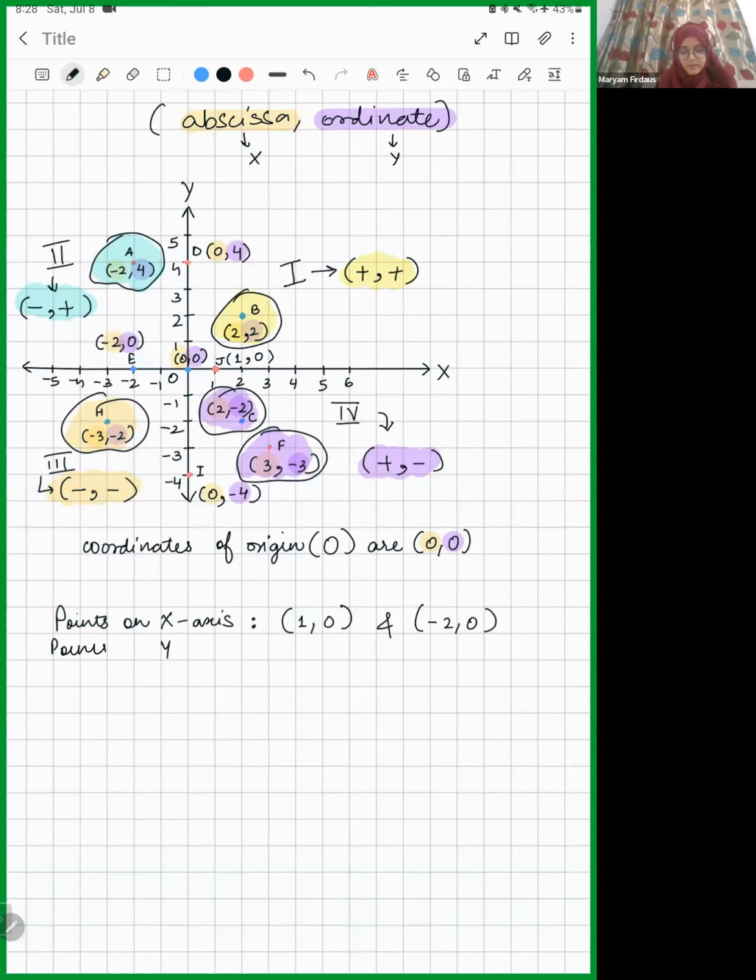Abdul Rahman, what are the 2 points on the y-axis? The 2 points on the y-axis, it's I and B. J is not on the y-axis. J is on the x-axis. Look carefully. Where is J?